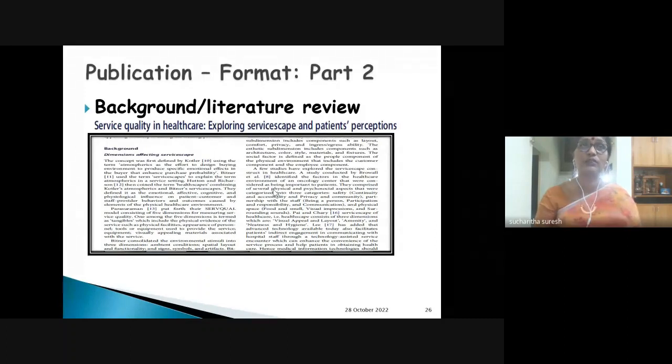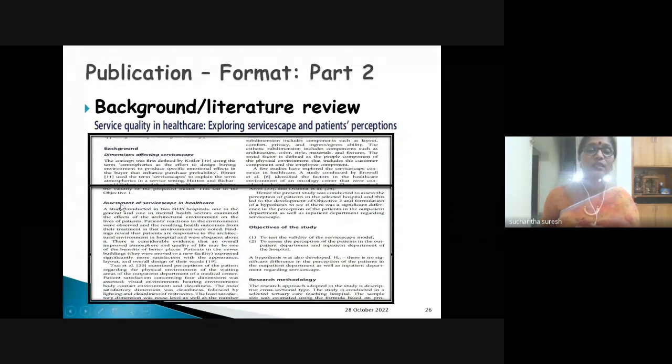Like that we give the background. See here, assessment of service care in healthcare sector. Background we have given here, and we showed that in the healthcare sector that has not been done so much. Hence the present study was conducted to assess the perception of patients in the selected hospital, and this led to the development of objective 2 and formulation of a hypothesis to see if there was a significant difference in the perception of the patient in the outpatient department.